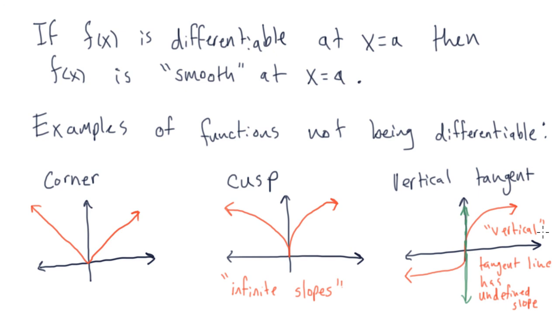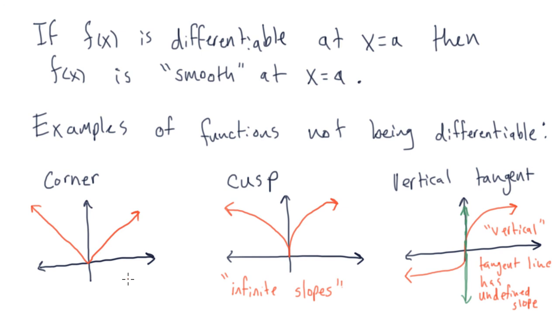It has an undefined slope. So if you look at the left-hand derivative and the right-hand derivative, in this case they would actually both be approaching infinity. Whereas with a cusp, in one direction you're approaching infinity, and in another direction you're approaching minus infinity. So there's really not a well-defined tangent line in that case, just like with a corner.